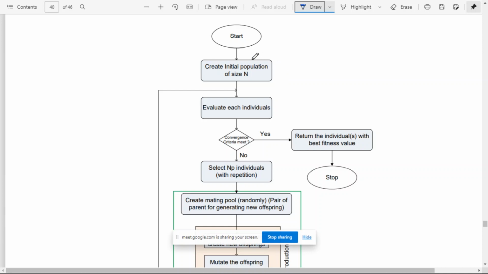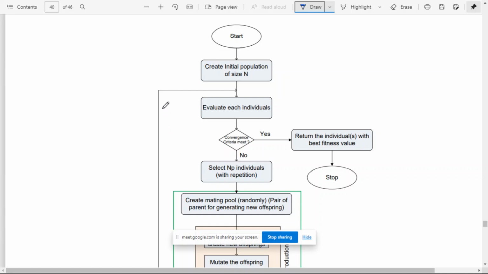So if you recall the normal genetic algorithm we discussed in the last lecture, in any genetic algorithm we start with the initial population, and then we pick some random individuals, each of which is a solution, and then we check whether the convergence criteria is met or not. If the convergence criteria is not met, then we create new offspring by techniques like crossover, mutation, or inversion, or by involving all these three methods.